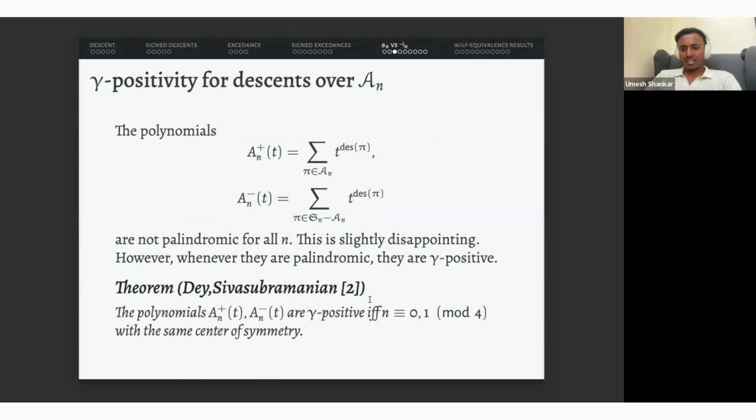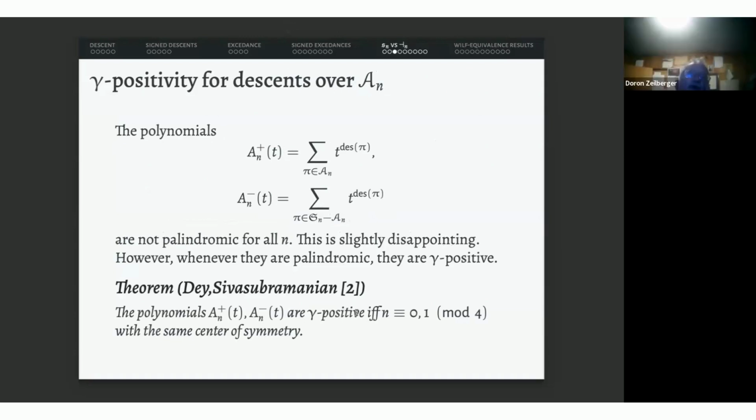For n congruent to 0, 1 mod 4, if you look at A_n^+(t,q) and A_n^-(t,q), where q is keeping track of the major index, then these also seem to be q-gamma positive for these two indices. You can stick a q there. That's nice.